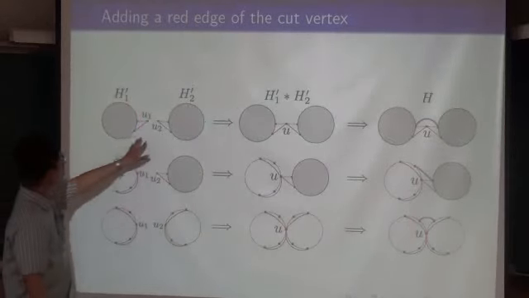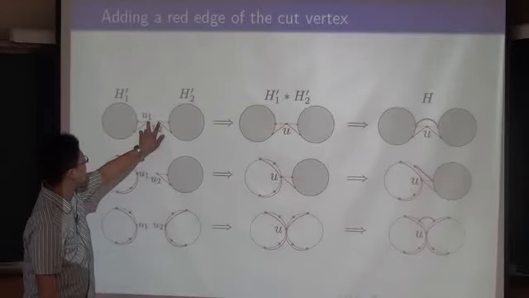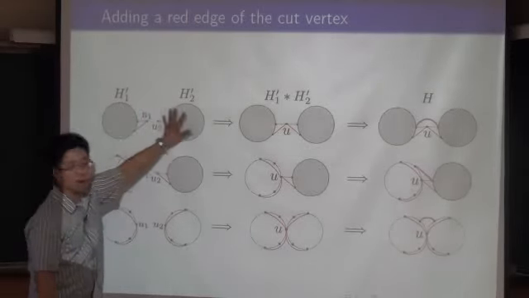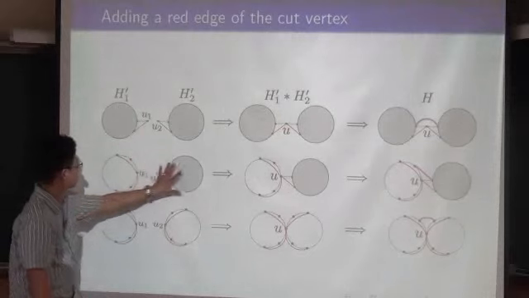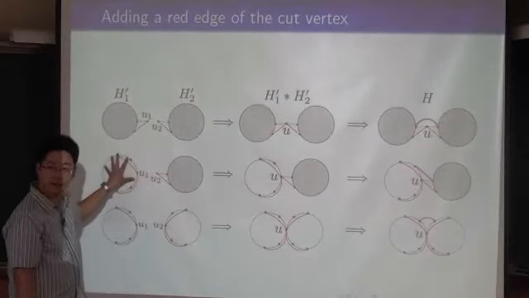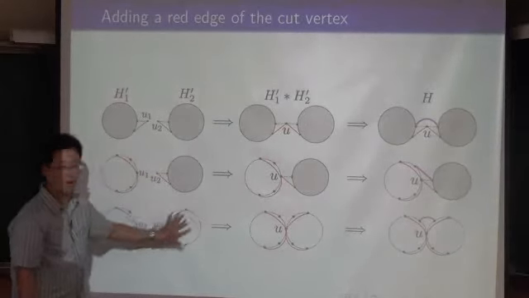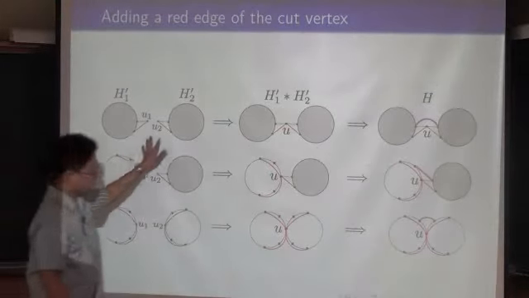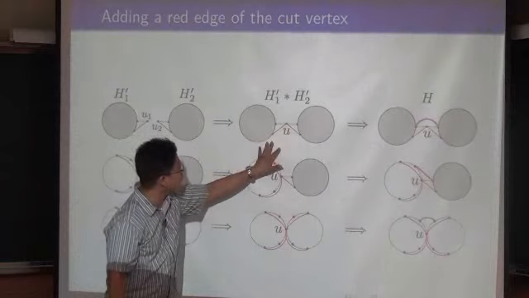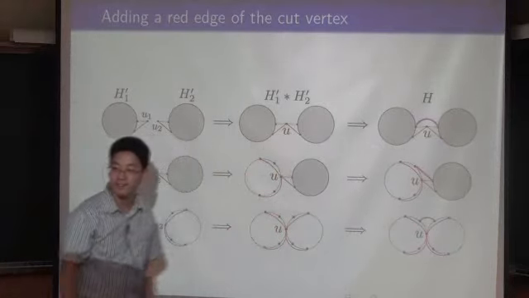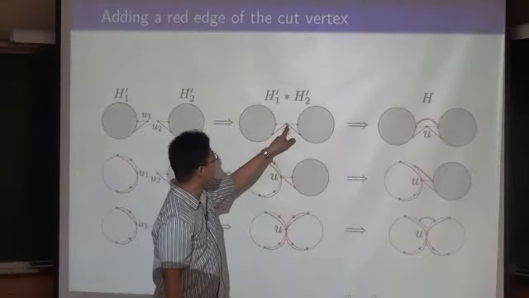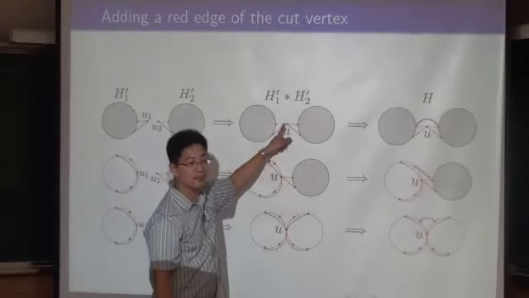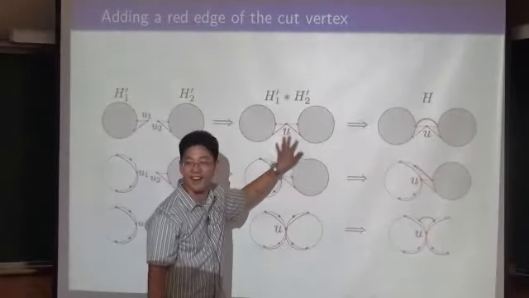So what are the cases? For the cut vertex, the degree is 1 here and 1 here, or the degree is 1 here and this is an odd cycle, or both are odd cycles. In any case, after contracting the cut vertex, the red edges which pass this cut vertex hide just one side.